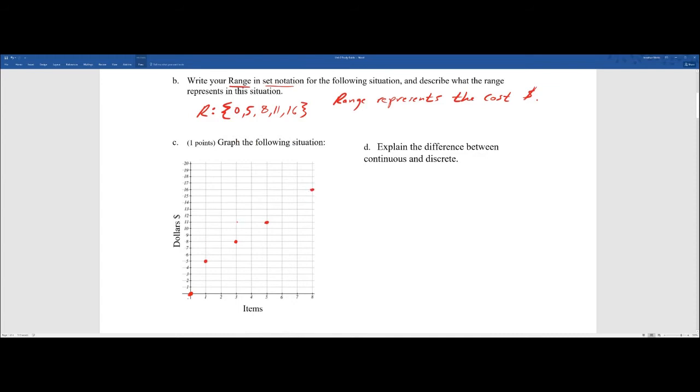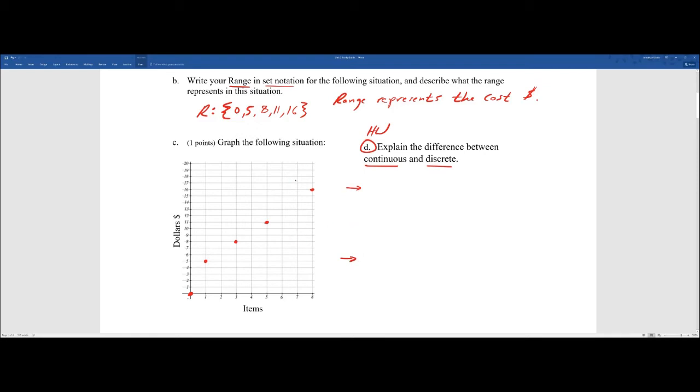Now, first things first, is this going to be discrete or continuous? What I want you to do for your homework is explain the difference between continuous and discrete. So go ahead and write, continuous is blah, blah, blah because of blah, blah, blah, and discrete is blah, blah, blah.